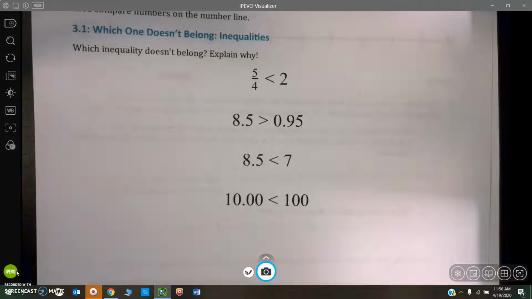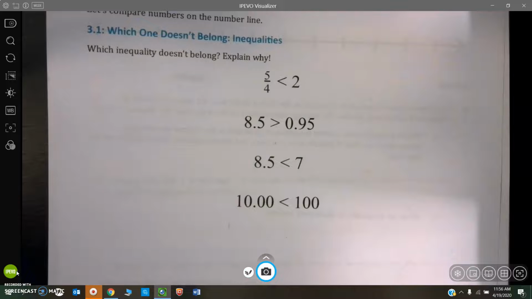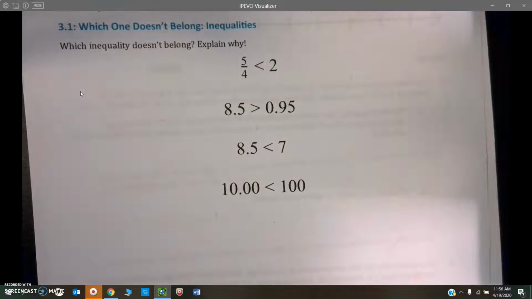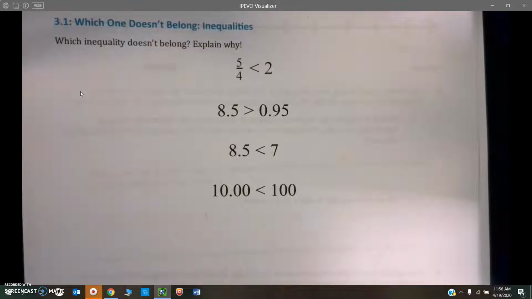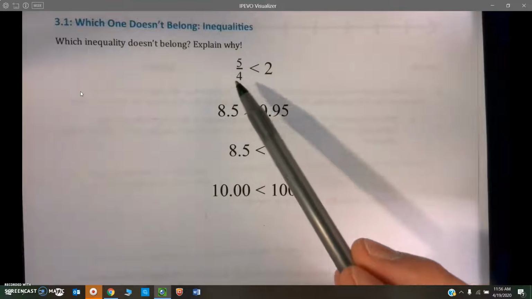So, looking at these now, at this point in the year, we've done a lot of these, and it's always kind of the same idea that really you can find a reason why any of these 4 doesn't belong. So this first one is the only one with a fraction.